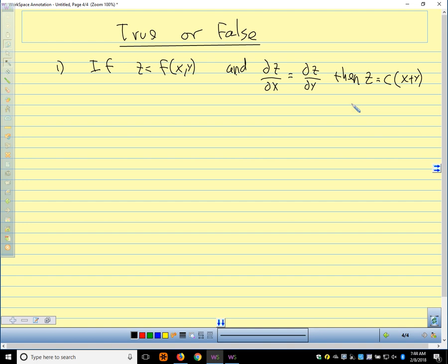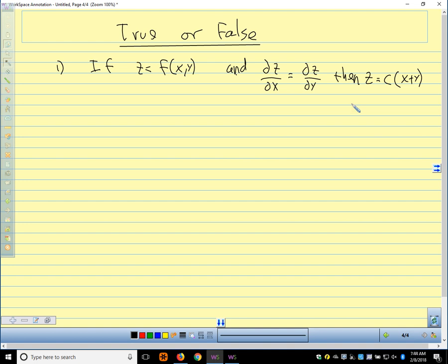Is this true or false? So what we're looking for, if it's false, is a function where the partial of z with respect to x and the partial of z with respect to y are the same, but z is not a constant times x plus y.